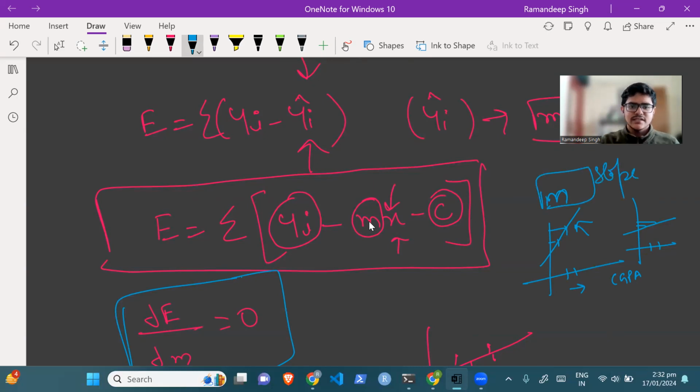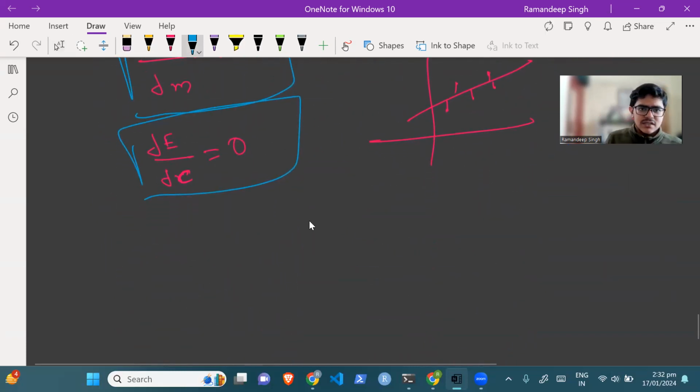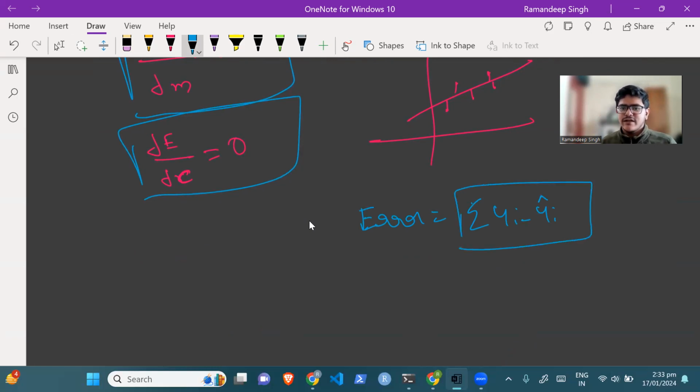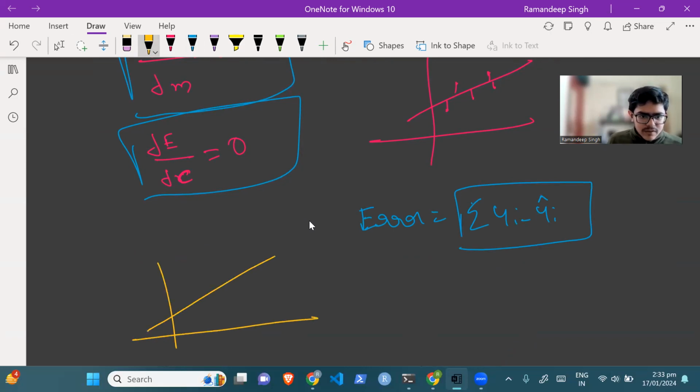Second thing is that we discussed that the error equals summation yi minus yi hat. But the issue with this representation of the error function is that suppose there is a point here and another point here, and suppose the distance or the error of both is 5.